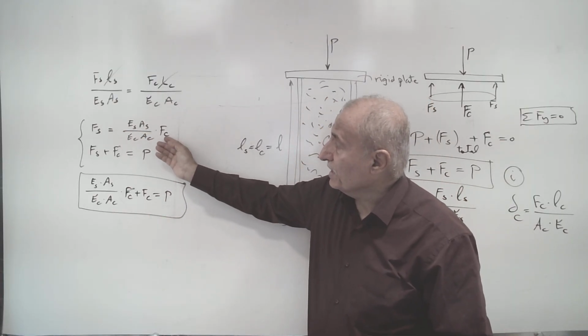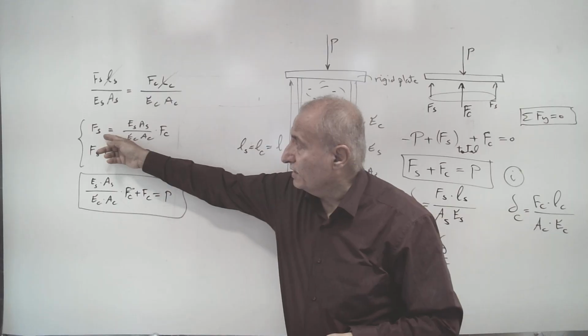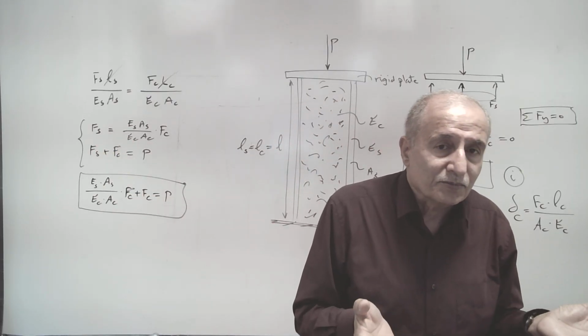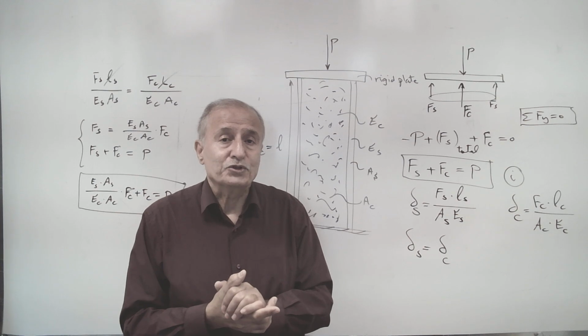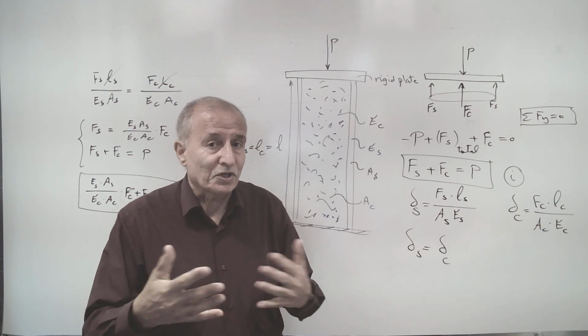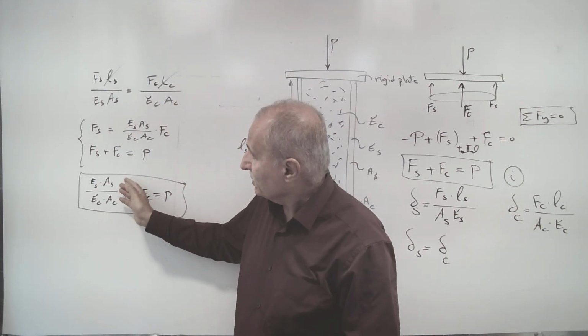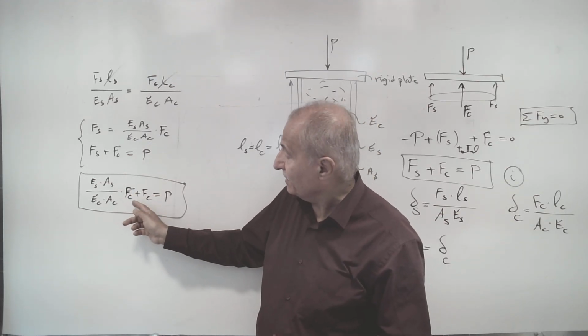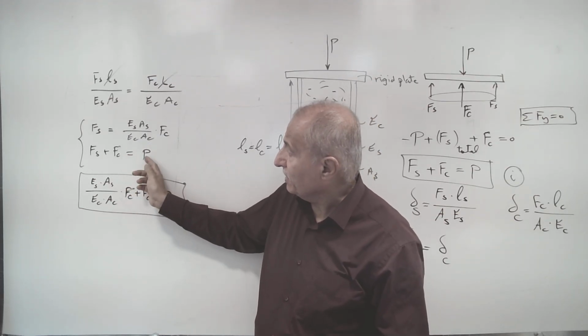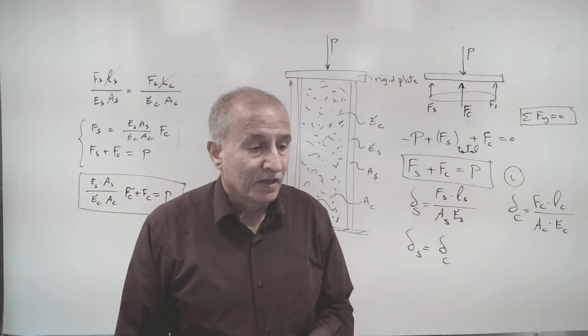If you find F_C, you can find what portion, or you can subtract it as a percentage, 100 or 1, find the portion of the force that is exerted, or subtract it from P. When you find F_C here, subtract it from P and find F_S.